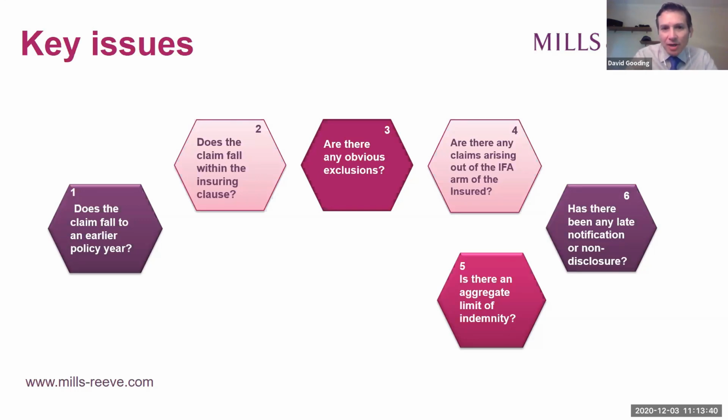In terms of breaches of late notification or other policy breaches, again, the remedies are very limited, and they are limited to claiming some sort of prejudice in relation to the handling of the claim. So in practice, what does this mean?